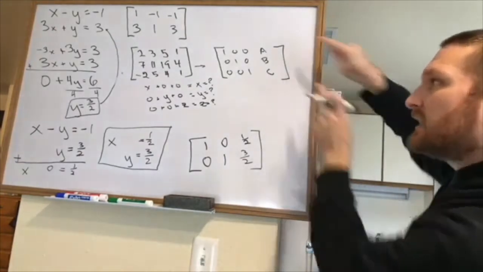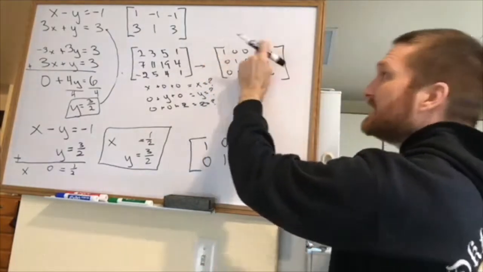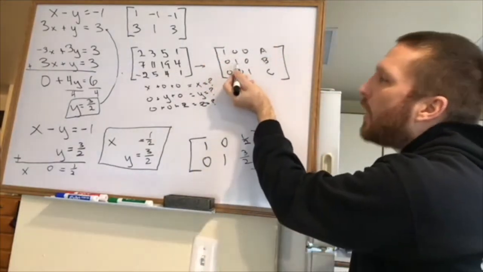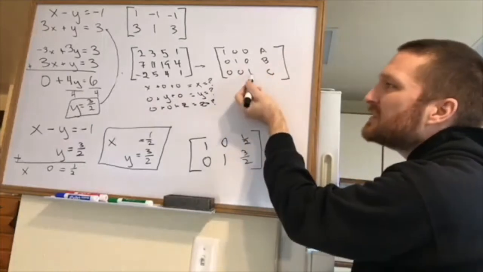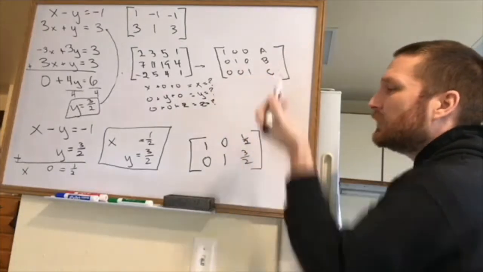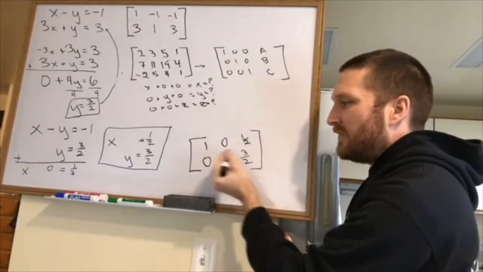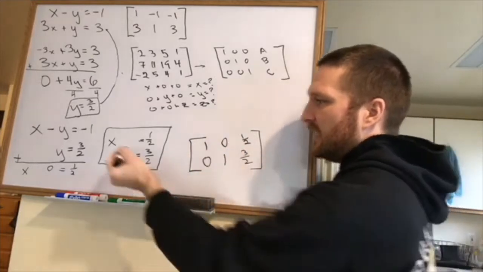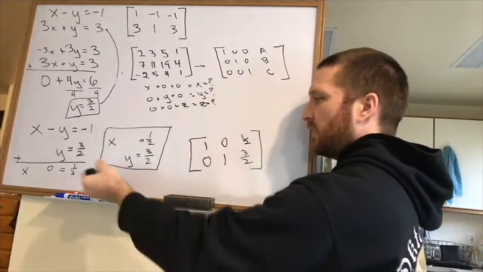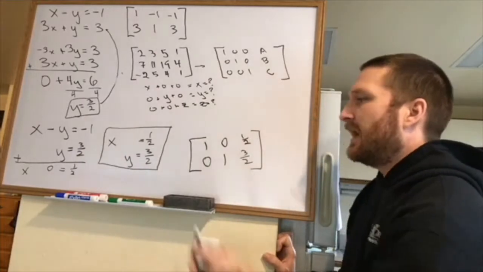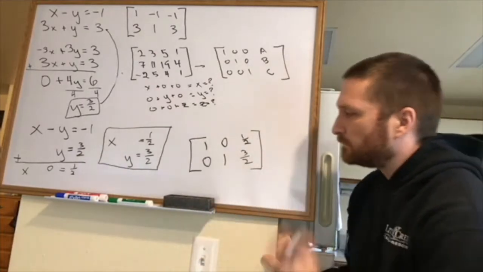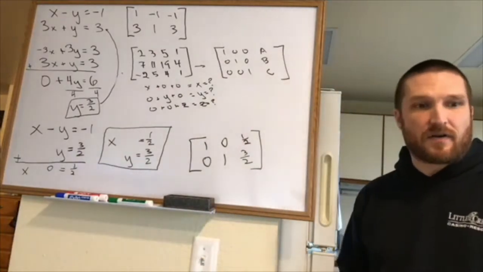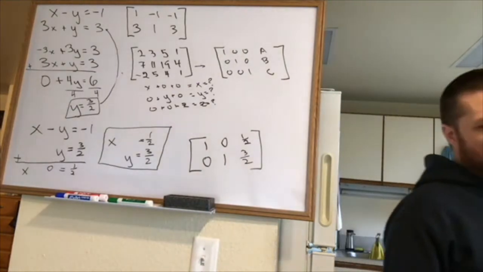And so what this is telling me is that x is equal to A. This is telling me that Y is equal to B. This tells me that Z is equal to C. In the same way that this is the goal for a 2x2, right? You're trying to get X by itself and you're trying to get Y by itself. So is that making sense thus far? Yes. Okay, one second.